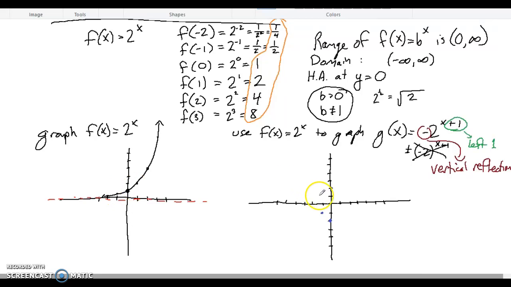We had the point negative 1, 1/2. Reflect over the x-axis puts it there. Left 1 puts it right there. We had the point 2, 4. 1, 2, 3, 4. Reflect over the x-axis puts it down here. Left 1 puts it right there. And we get a graph that looks something like this.